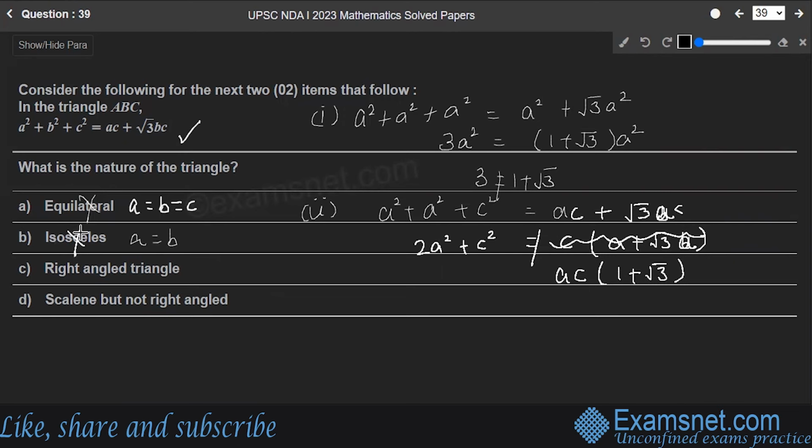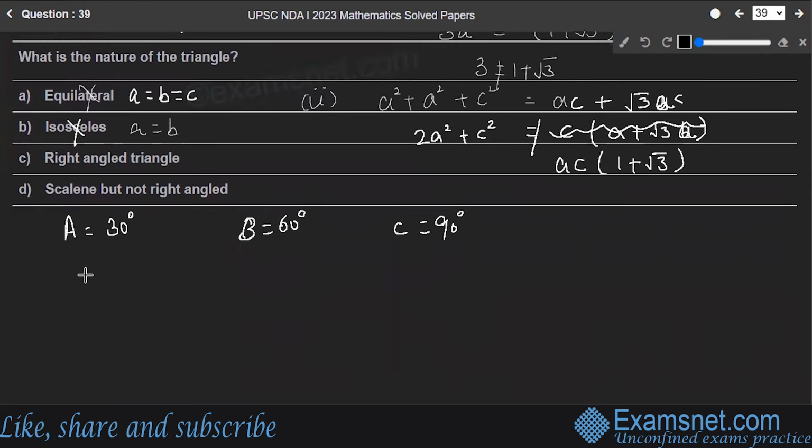Let's go for the third one, right angled triangle. If I'm taking a right angled triangle, let's assume the three angles to be, I can take any angles in this case. If I'm taking angle A to be 30, B to be 60, and C to be 90. One has to be 90 degree, and the rest two angles can be taken any random angles. Now the sides, we don't have a specific thing about them.